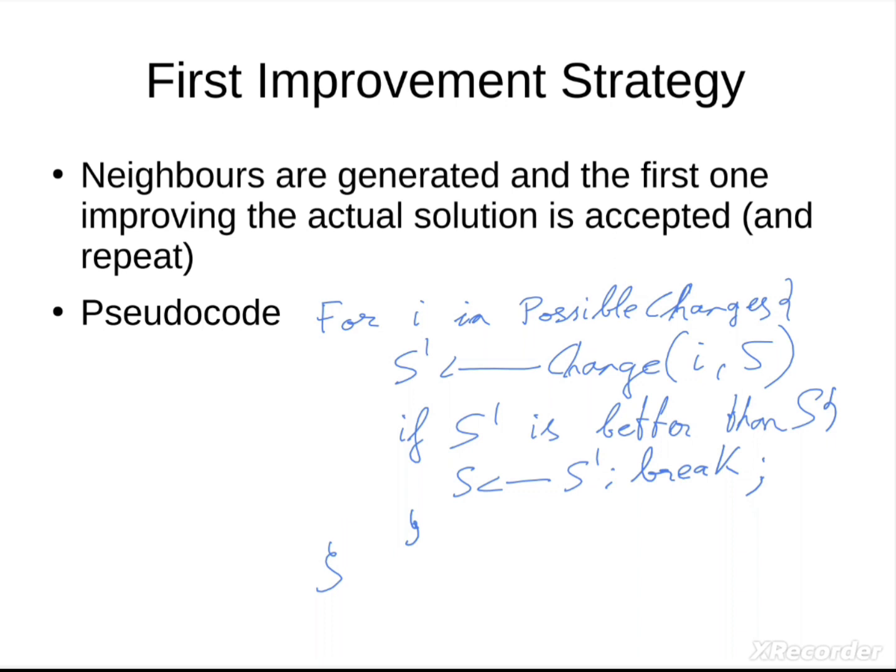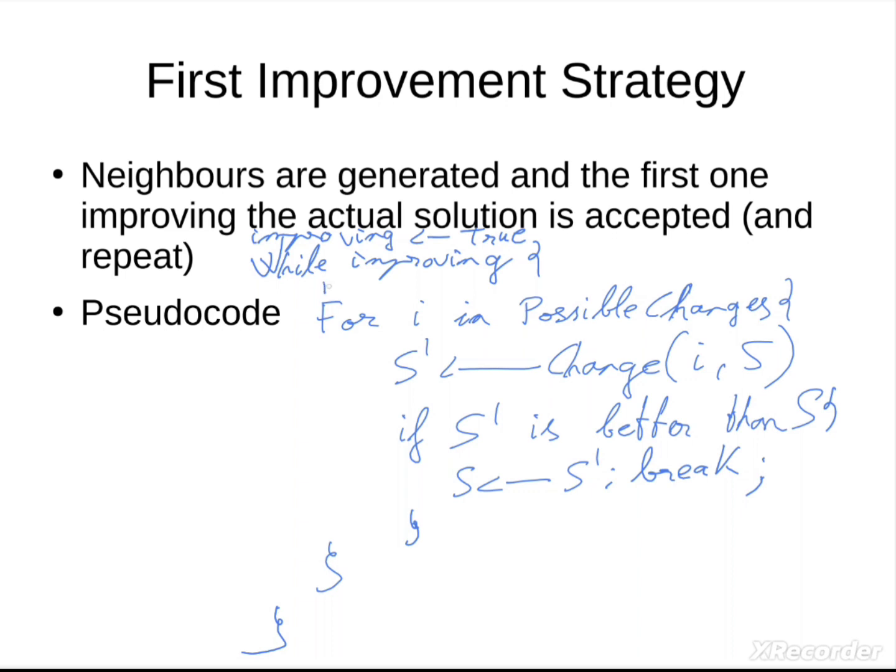This is repeated while you are finding such better solutions, so usually this is included into a while loop. You repeat this process. Improving could be a flag variable that is initially set to true.